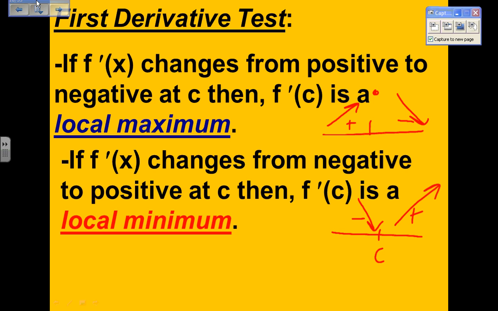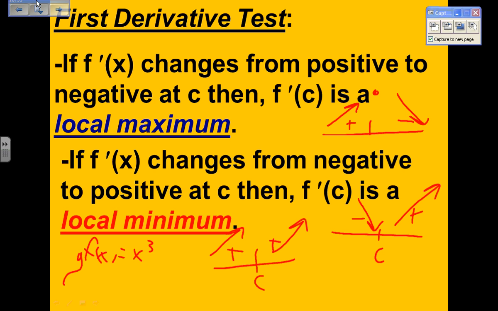So now we have our definitions for local min and local maxes. If it changes on both sides, local min or local max. If, however, you have a C that's a positive and a positive, where it goes up and goes up, C is still a critical number, but it's not a local max or local min. Okay? For instance, one thing you might have is f of x equals x cubed. You remember what that graph looks like? It goes from the third to the first.